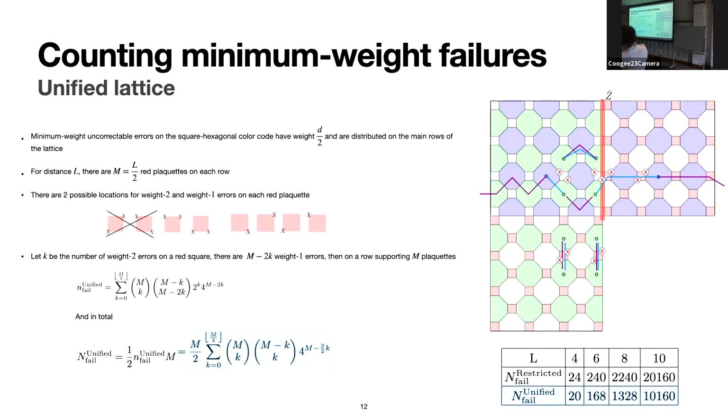And then it just changes our factor of 2 to the power of k to 2 to the power of k now. And yeah, so this is our new count. And you see that it drops. And this is from the numerical simulation. So again, it matches.